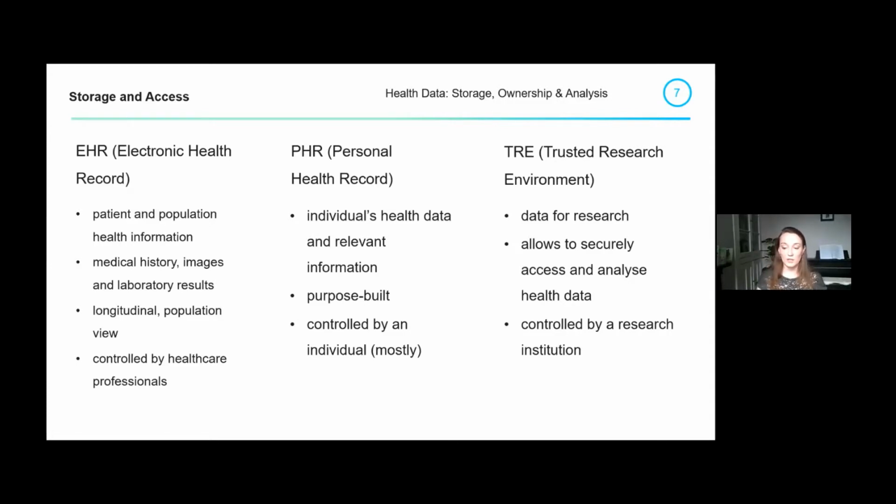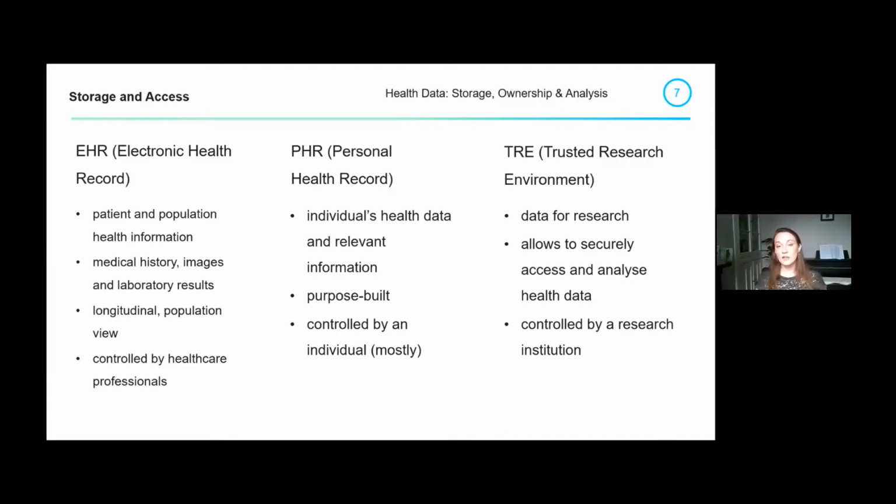It can be clinical images, molecular, all of the data types that I've mentioned so far for the individuals. And the aim of the trusted research environment is to securely access and analyze health data so that the security of information isn't compromised and it doesn't leave the environment necessarily, or if it does, it gets closely monitored.